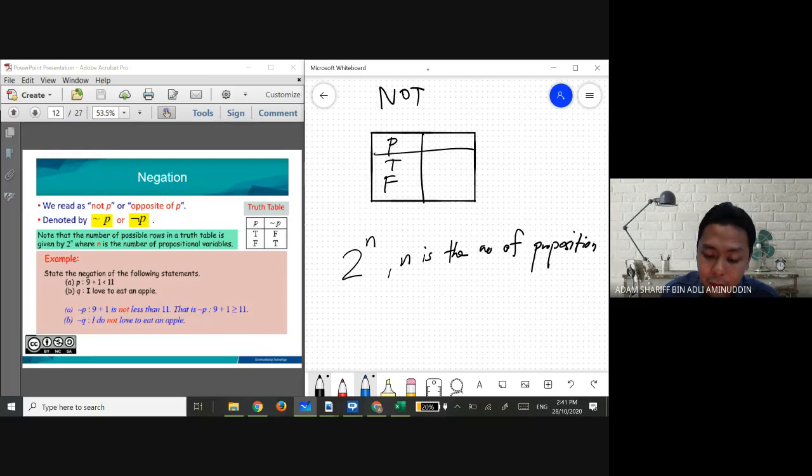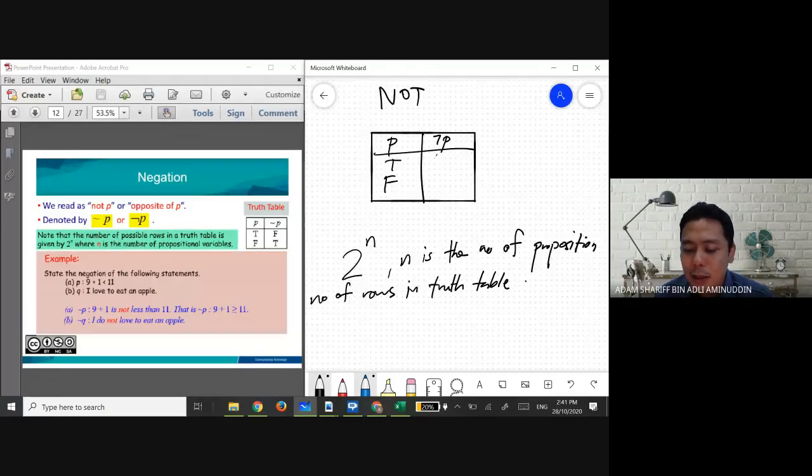So 2 to the power of n is the number of rows in the truth table. As shown there, the opposite of P is not P. So if P is T, not P becomes F, and if F, the opposite will be T.